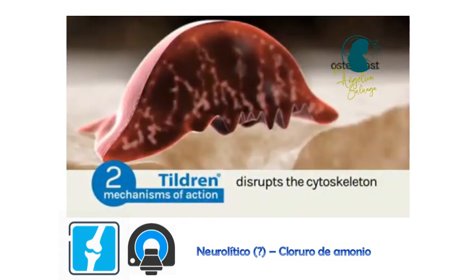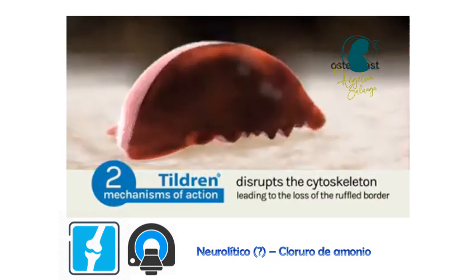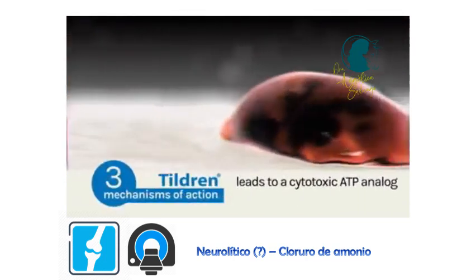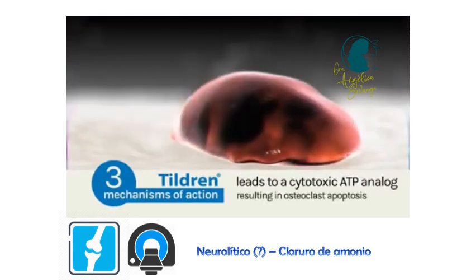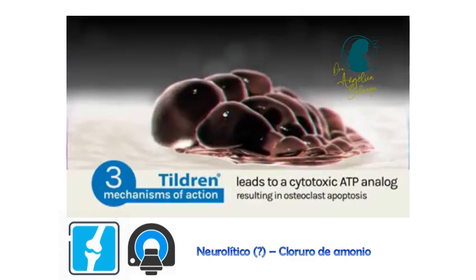Tildren disrupts the cytoskeleton, leading to the loss of the ruffled border. Tildren causes the formation of a cytotoxic ATP analog, resulting in osteoclast apoptosis in areas of excessive osteoclastic activity.